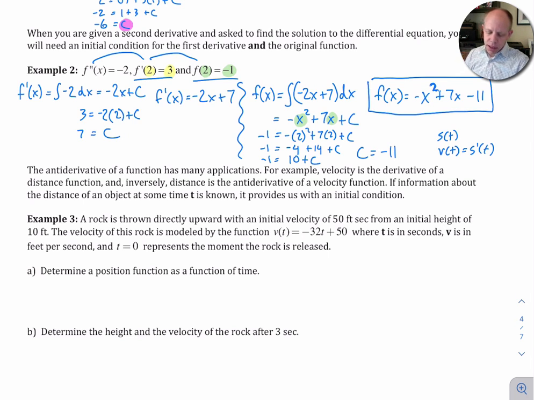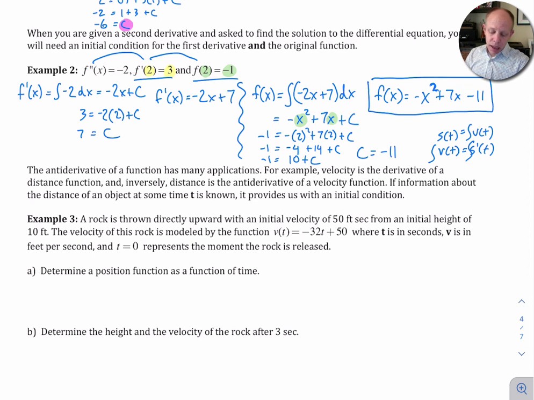Okay? And so what that means then, inversely, the distance has to be the antiderivative of the velocity function. So if you know the velocity function, you can antiderive it to get back to the original position. So if we integrate here and here, you'll be left with just the s at t function.